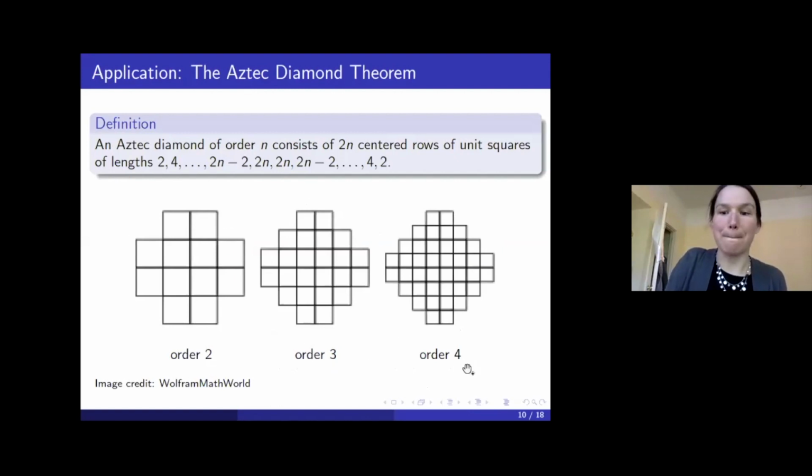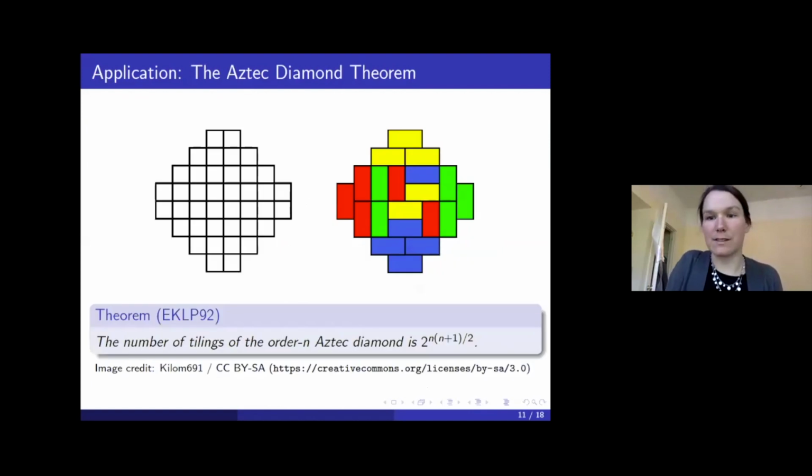And it turns out that there's this really nice formula for the number of ways to tile an Aztec diamond with dominoes. So shown on this slide is an Aztec diamond of order 4 and a domino tiling of it.